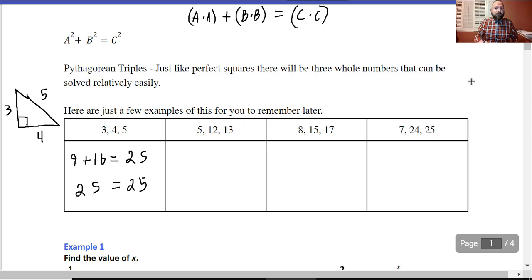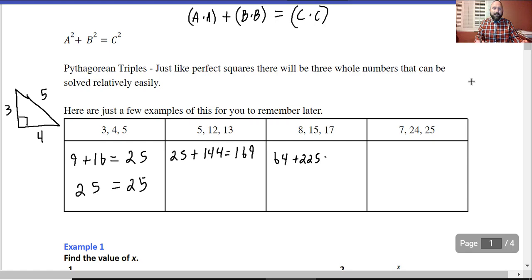The next one, 5, 12, 13: 25 plus 144 is equal to 169. Next up, 8 squared is 64, and this is where Mr. Schultz has to pull out the calculator. 15 squared, 225.